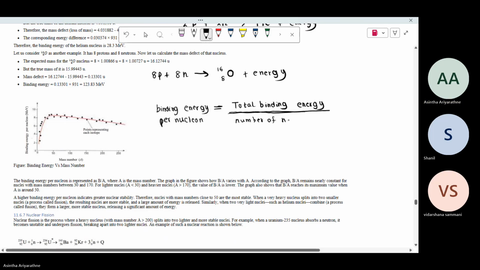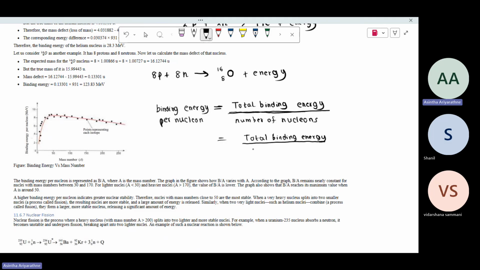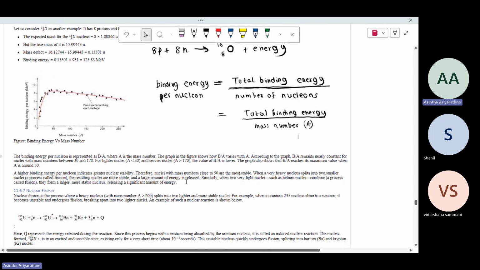The total binding energy divided by the number of nucleons, meaning the total number of protons and neutrons, which is equal to the mass number denoted by A. That is called the binding energy per nucleon.